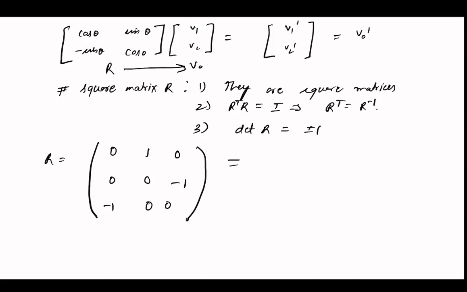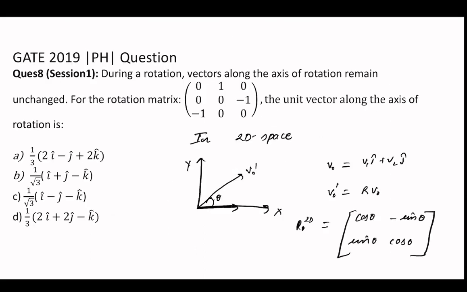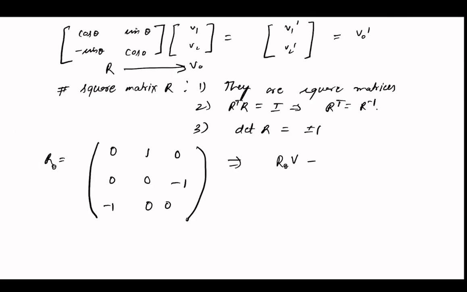Therefore, it just says that when this rotation matrix, suppose R theta, acts on this vector v0, then the axis of rotation remains unchanged. So we are just getting the original vector. So there is no change in the axis of rotation.